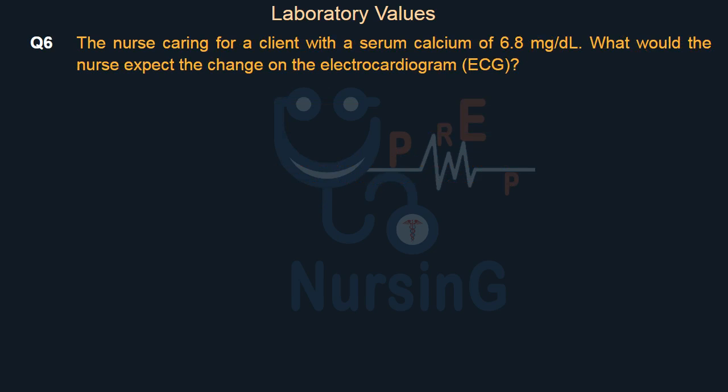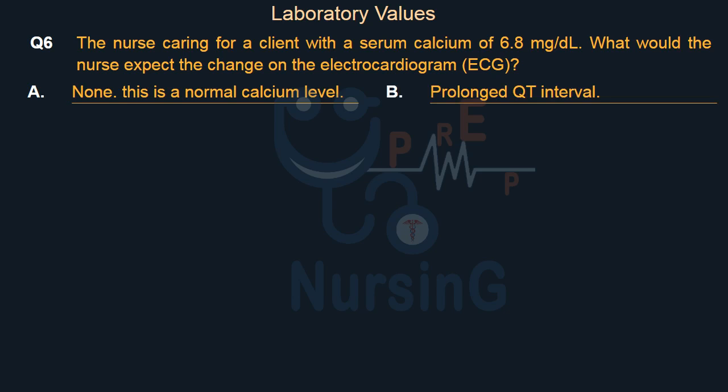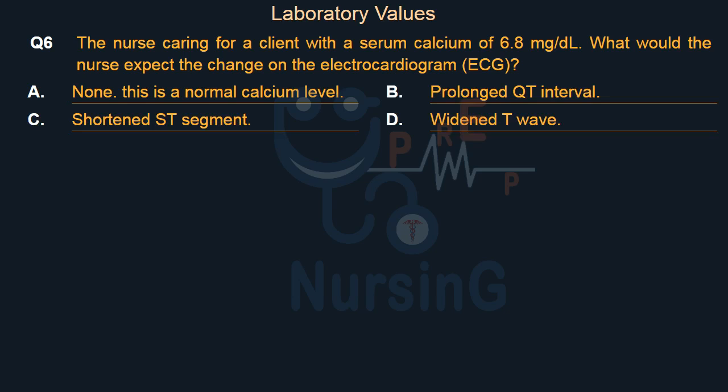The nurse is caring for a client with a serum calcium of 6.8 mg/dl. What would the nurse expect the change on the electrocardiogram, ECG, to be? Option A, none, this is a normal calcium level. Option B, prolonged QT interval. Option C, shortened ST segment. Option D, widened T wave.